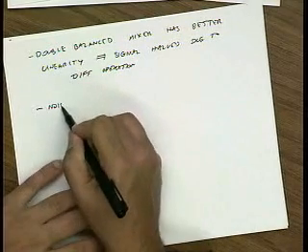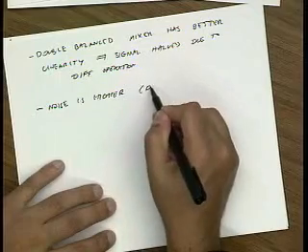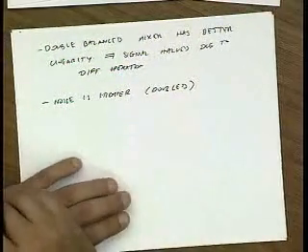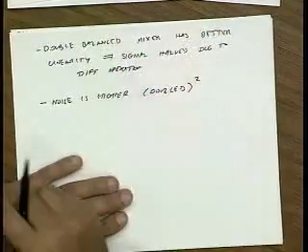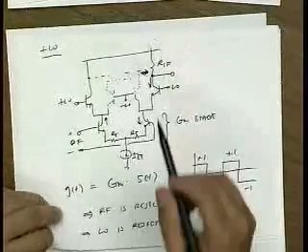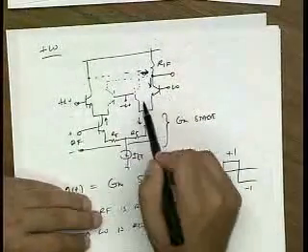The noise, on the other hand, is unfortunately doubled, actually quadrupled if we take into account the square. And that's because even though I can reject my LO signal, the noise on the LOs are not correlated.